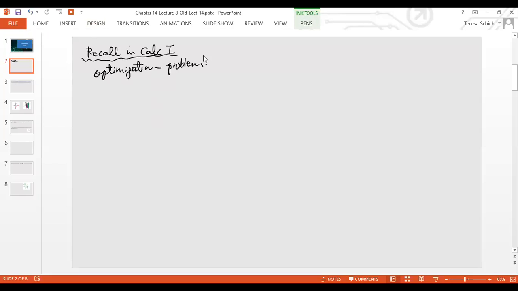So what is an optimization problem? One of the typical, very popular problems we did in Calculus 1 is a farmer who has a certain amount of fence material and wants to get the biggest area. Typically, I want to have a rectangular farmland, and I have 200 feet of fence material.